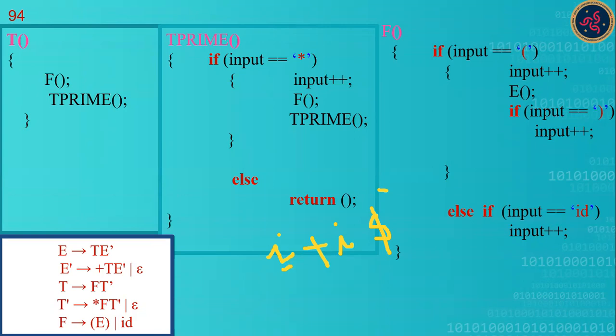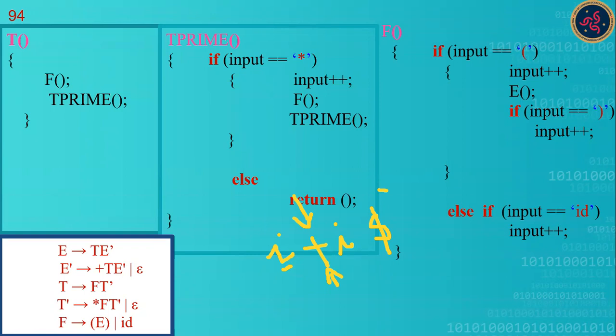So here my pointer will be incremented by 1. Next my pointer will be pointing to the plus symbol. Next the control will be given back to the place where it is called, that is, to the T function. So then it will implement the T prime function.